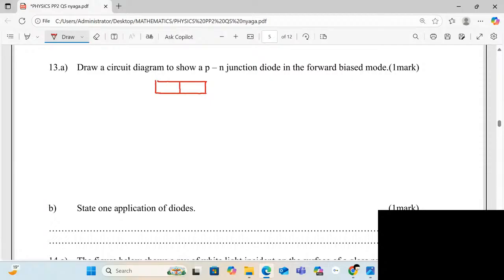So this is P, N. And then the P is supposed to be connected to the positive terminal, whereas the N to the negative terminal, like this.